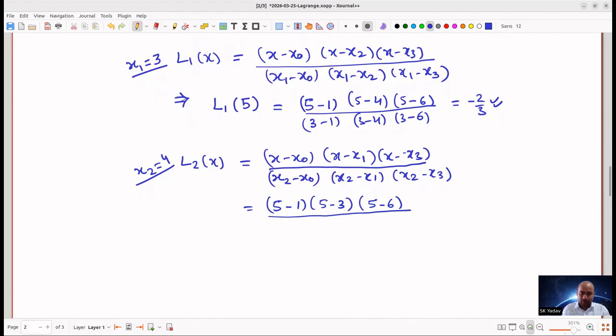So x2 is 4. So 4 minus x0, that is 1, and 4 minus x1, that is 3, and 4 minus x3, which is 6. So on simplification, it will give minus 8 by minus 6, which is 4 by 3.